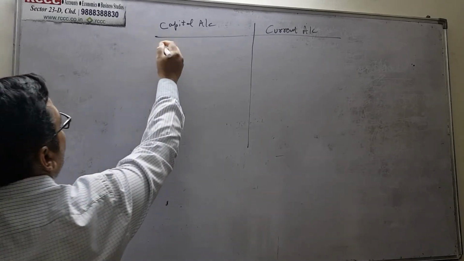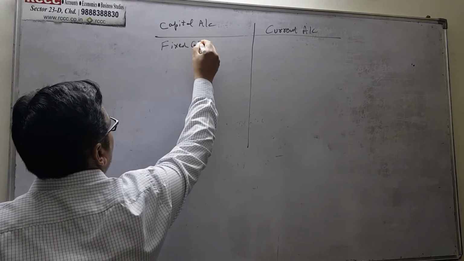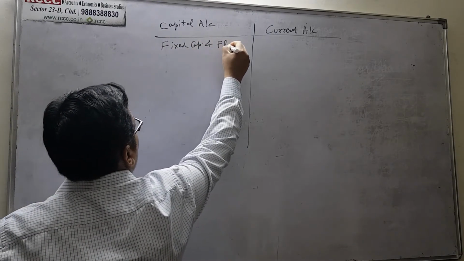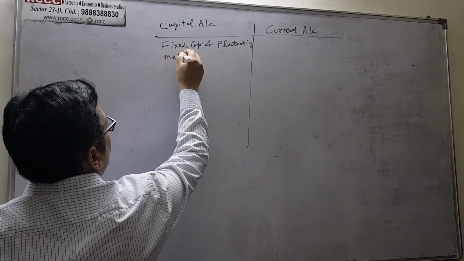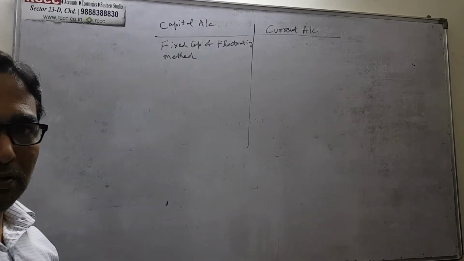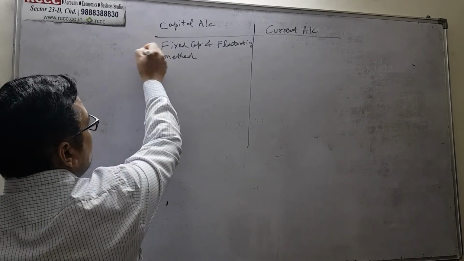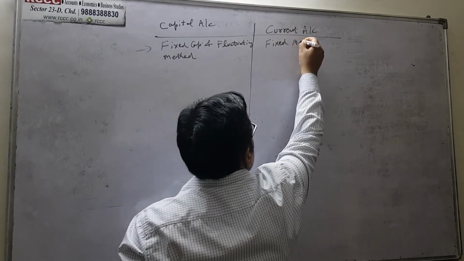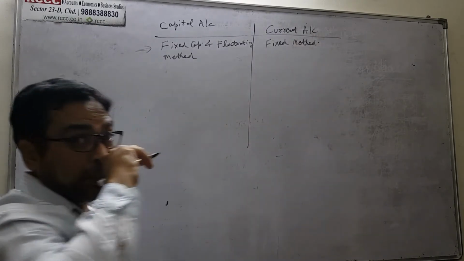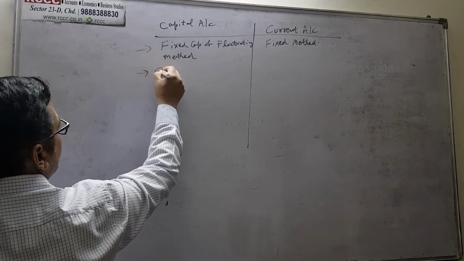We prepare capital account in case of fixed capital method and fluctuating capital method. That is, in both methods we make a capital account. Do we make both the accounts in case of current account as well? Both the methods? No, we only use current account with fixed method. We do not use it with the fluctuating method.